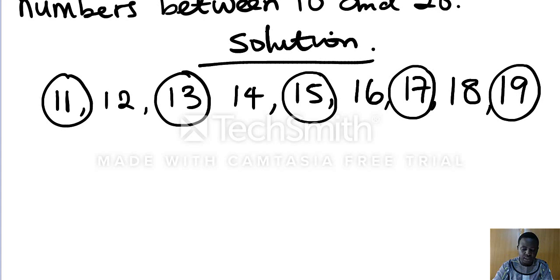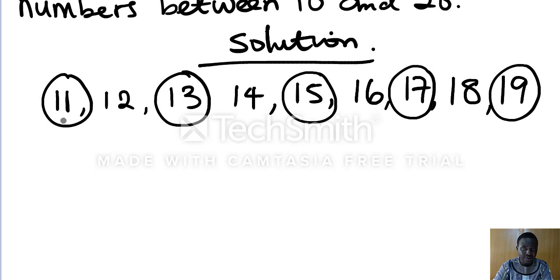How did I get all these numbers? How do I know they are odd numbers? Odd numbers are numbers that are not divisible by 2 without remainder. So if you look at it, 11 divided by 2 will give you 5.5, which shows that it is not a whole number.